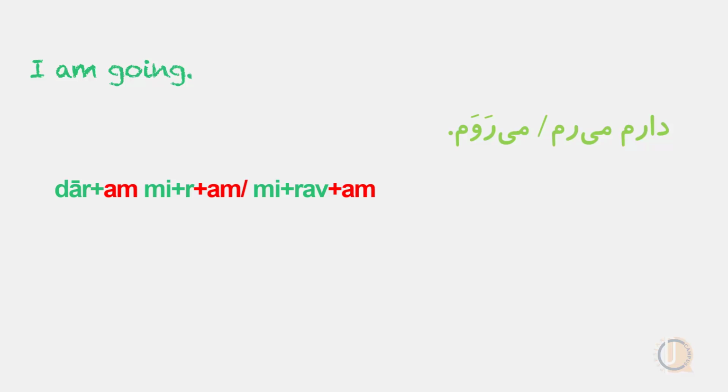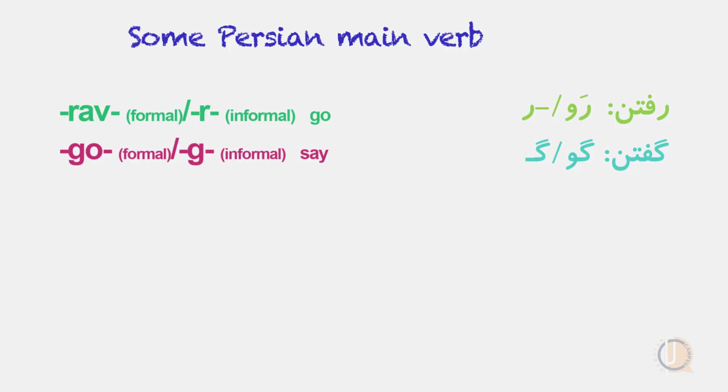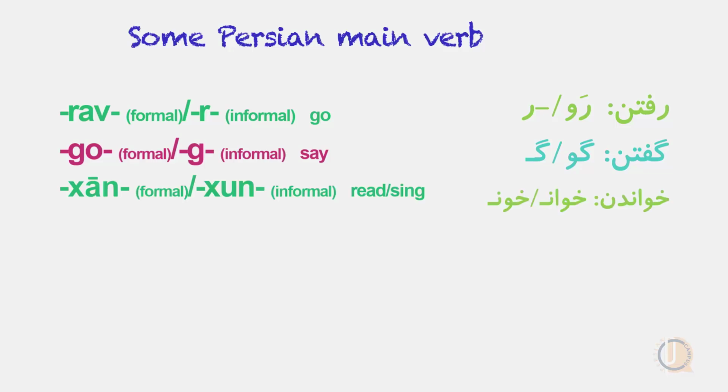Let's see some main verbs and try to change them to the present continuous. The present root is rav, formal, and re, informal. گفتن means to say. The present root is go, formal, and g, informal. خواندن means to read.